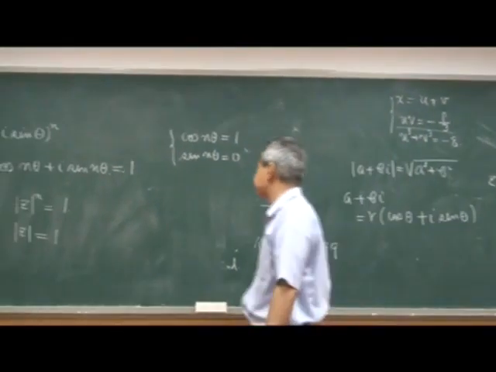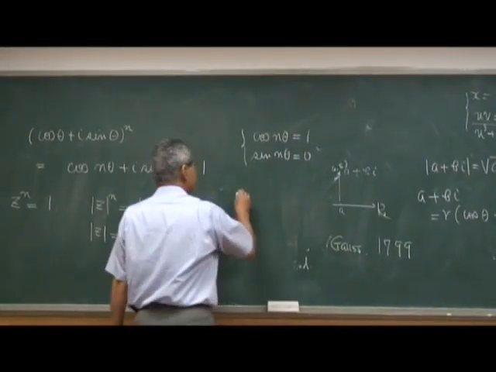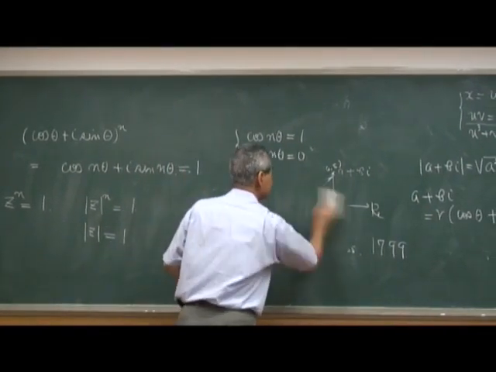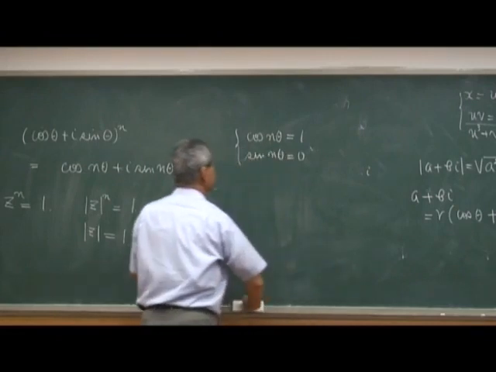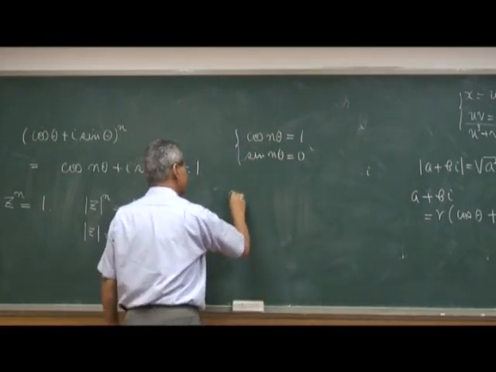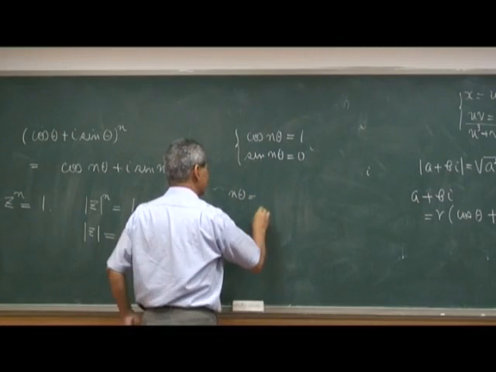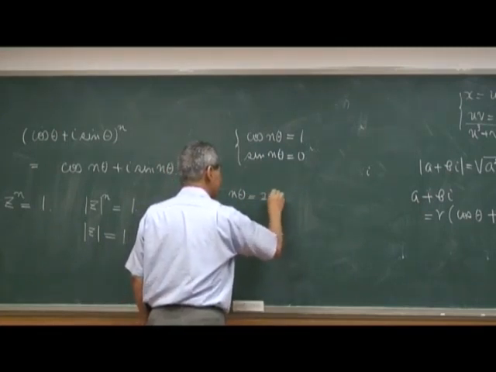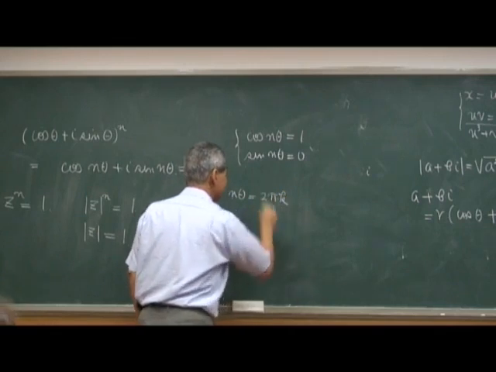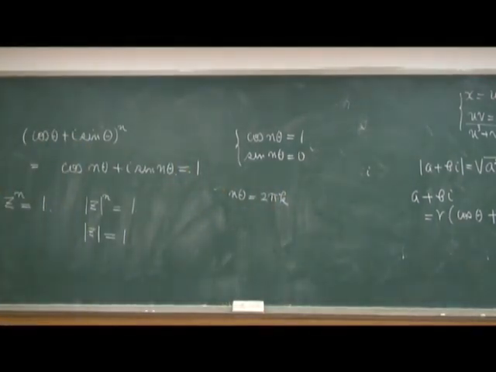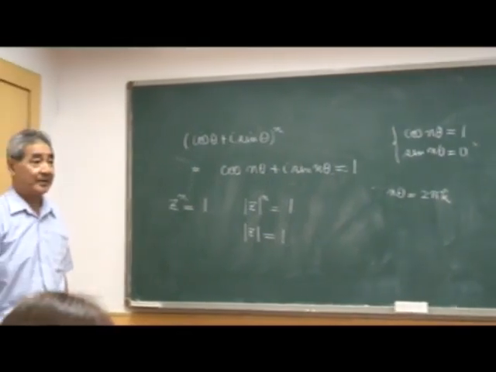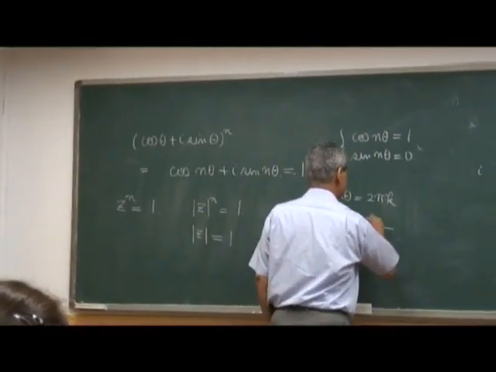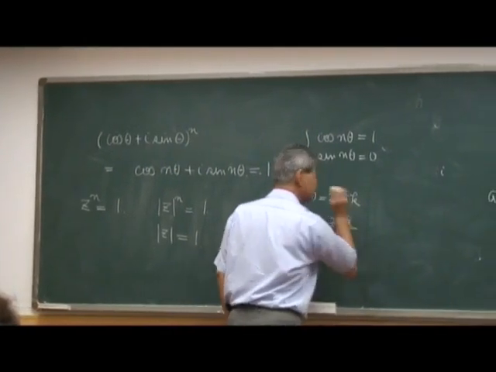Therefore, you get that theta should be some integral multiple of 2 pi. Therefore, theta is 2 pi k over n.